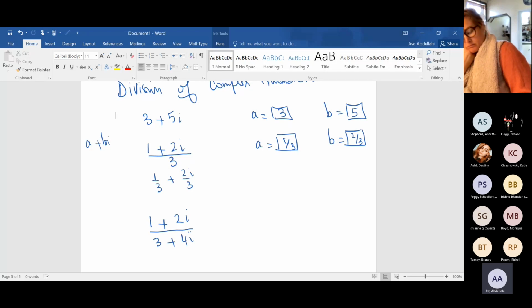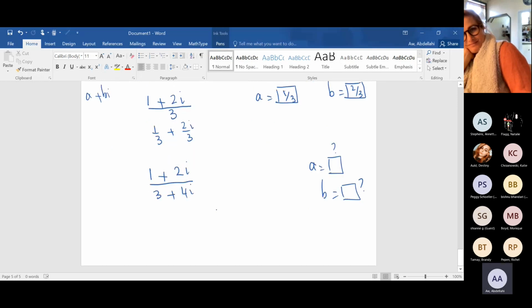I'm not ready to say who is A, and I'm not ready to say who is B. And don't say A is 1/3. I know somebody thought about 1/3. Don't say B is 2 over 4. We don't know yet.